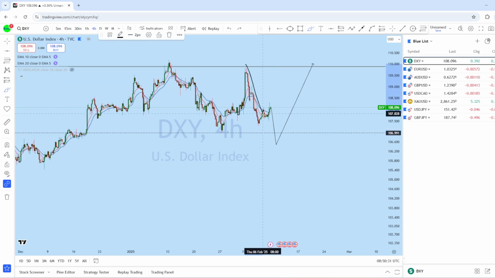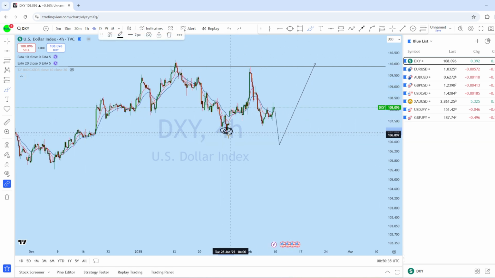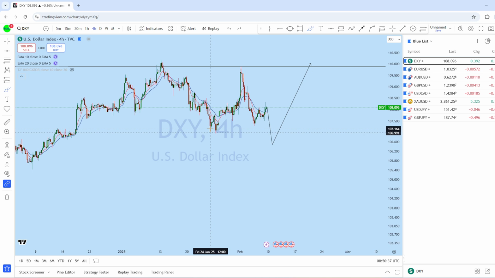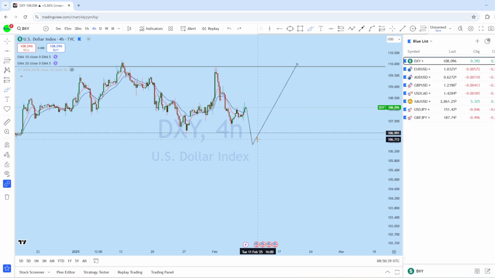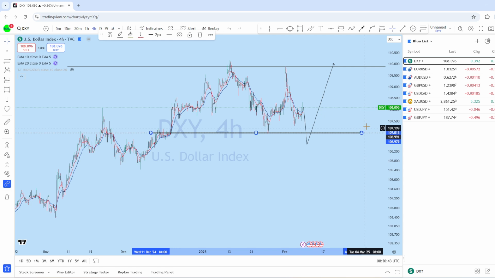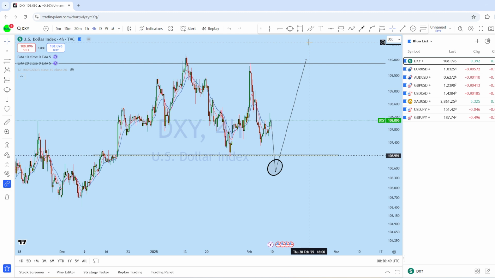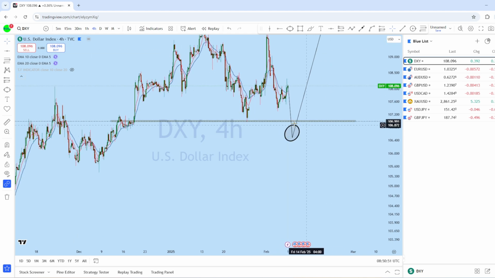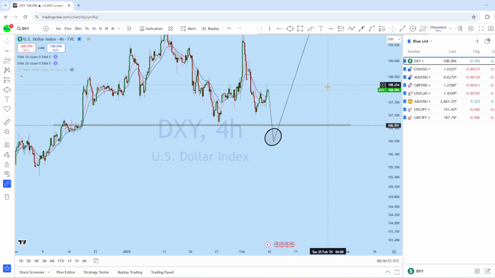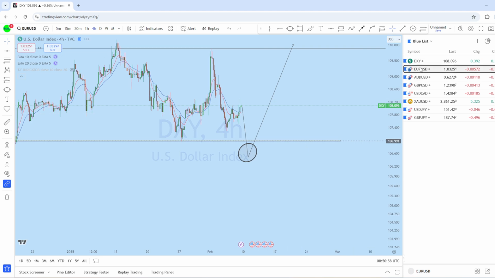We can expect DXY again to break below this support level where there is high liquidity, grab liquidity, and then bounce back up to create a new higher high. This could be the wave for the upcoming week on DXY.